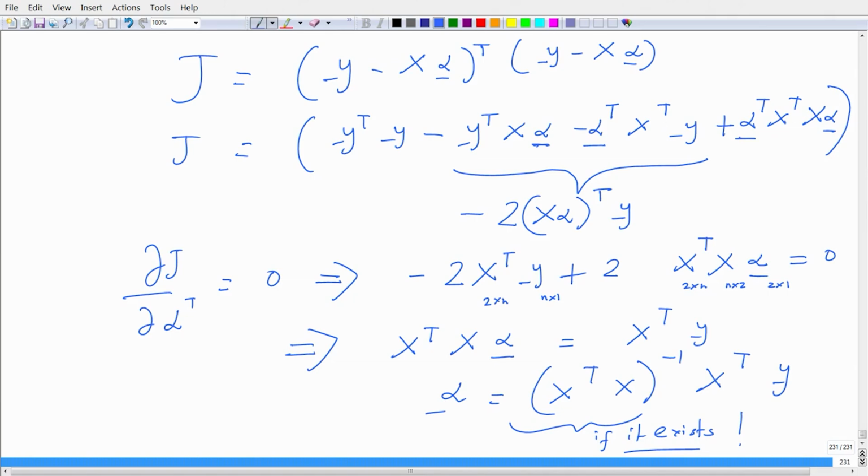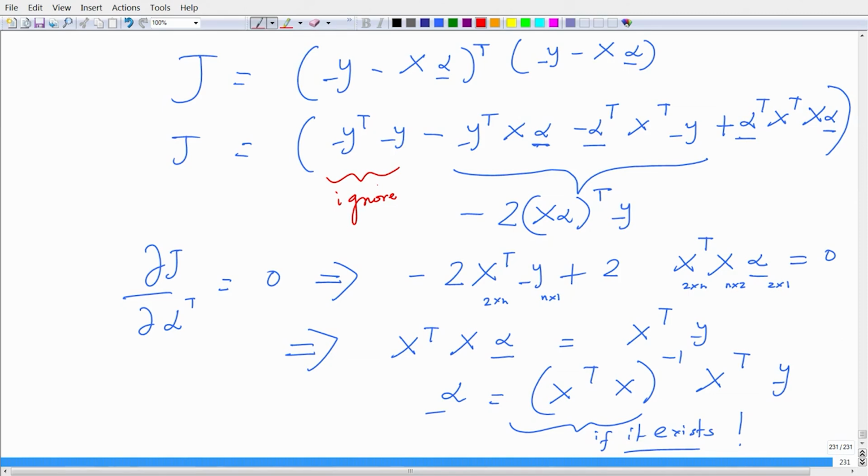Now, we have to look at all the terms where alpha appears, and if you are careful, we ignore this y transpose y.